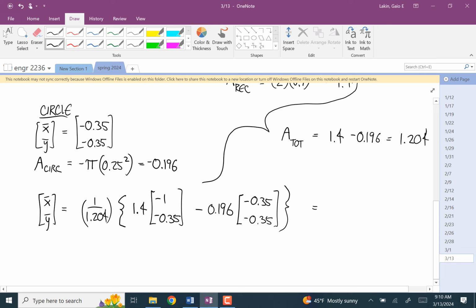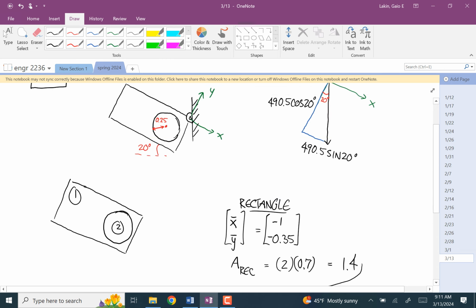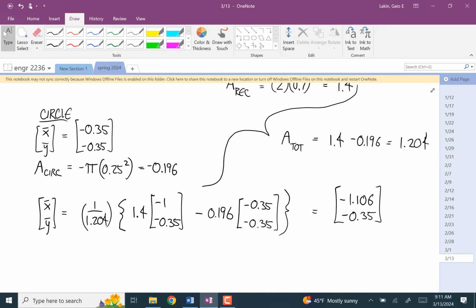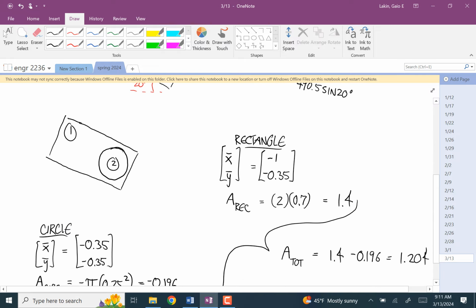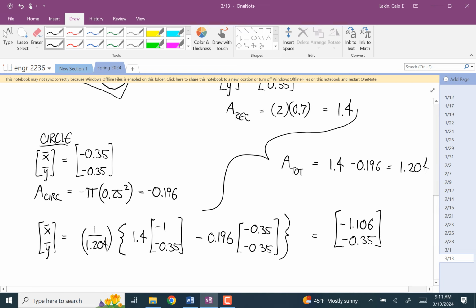So I think we get negative 1.106 and negative 0.35. Okay, so these are the coordinates of where that weight force is applied.